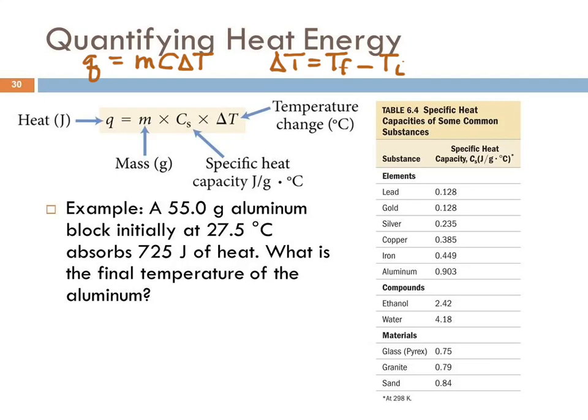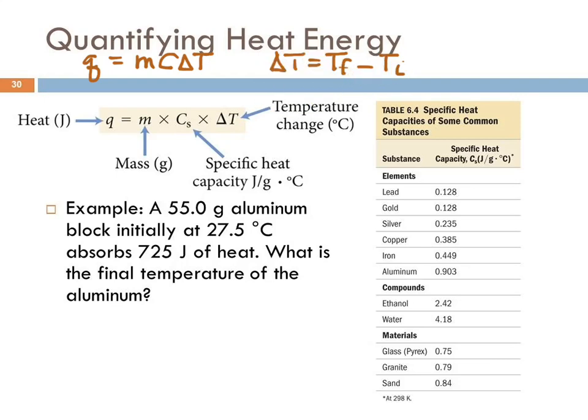So there are easier ways and harder ways to do this. We're going to do it the easier way. We're trying to find the final temperature. We're given the initial temperature. So what we should do is solve this equation for delta T, and then we can figure out what the final temperature is from this equation over here.